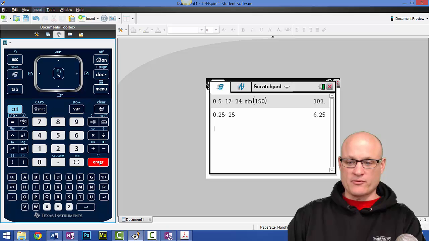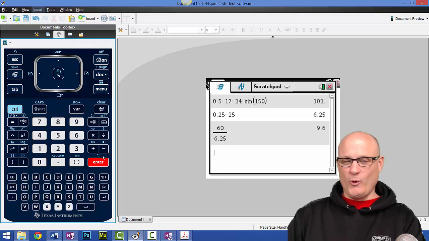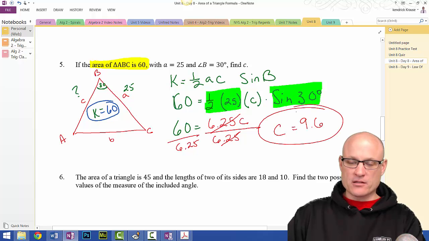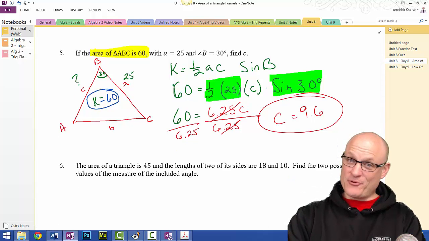That should be 6.25. And then 60 divided by 6.25 is... Somebody got it right. 9.6. I did the problem the other day. That's how I knew the answer. I'm not that smart. But I fooled you.